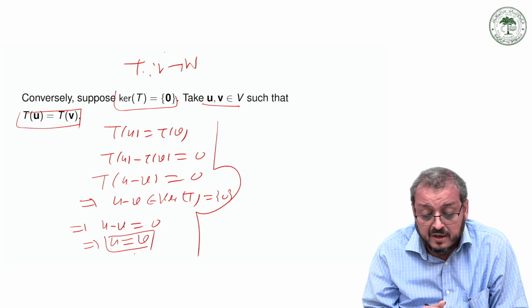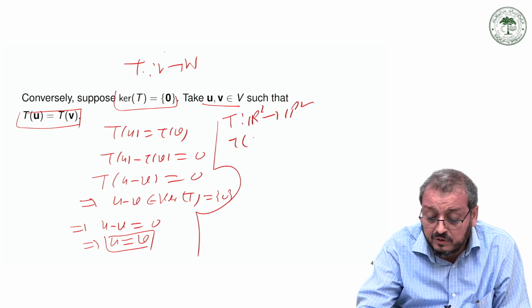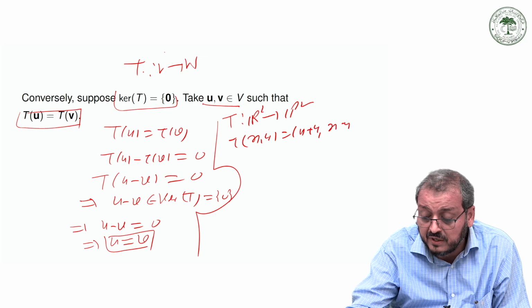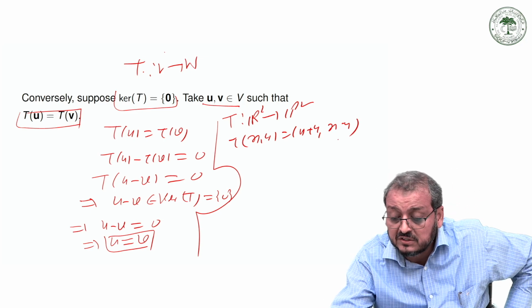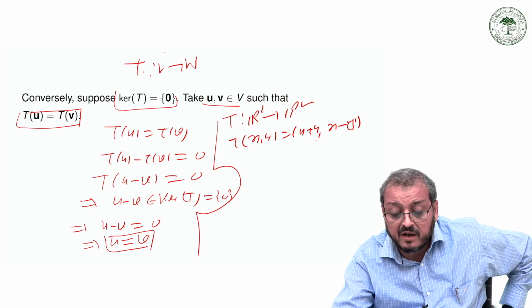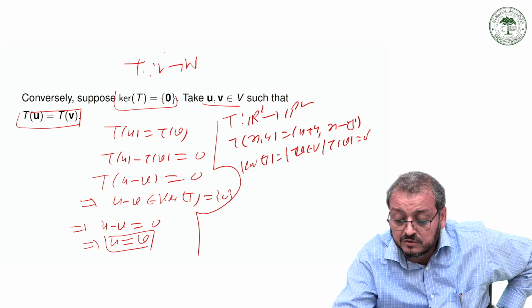For example, we take T from R2 to R2, with T of x, y equal to x plus y, x minus y. Now we try to check whether it is one-one or not. We find the kernel. By the definition, the kernel of T is the set of v in V such that T of v is equal to 0.